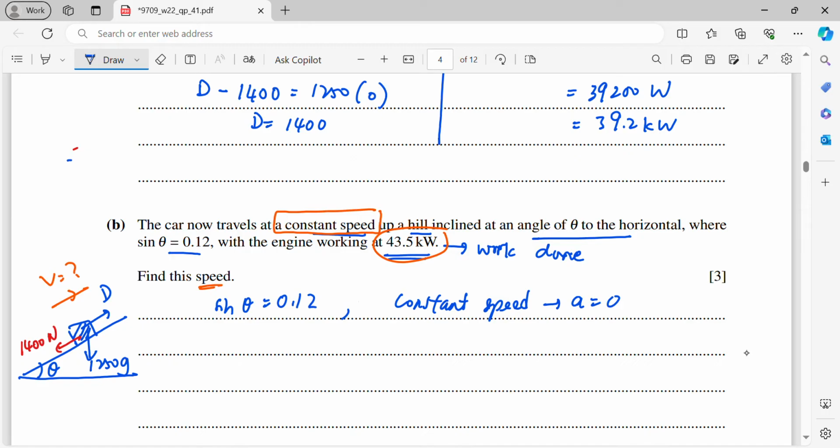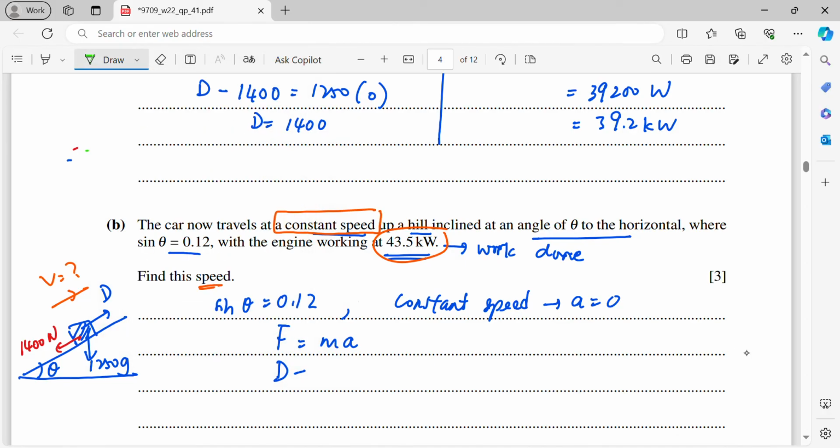Alright, so again I use Newton's second law, F equals ma. The D is in the same direction as the v, so I will write D. Then the rest I will just minus because they are in a different direction.